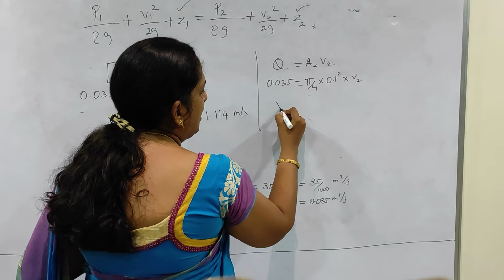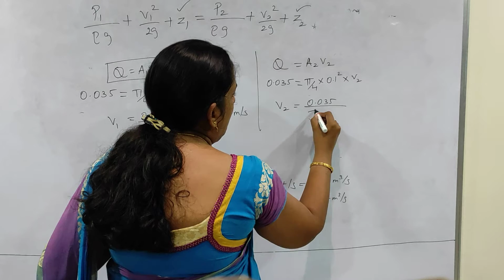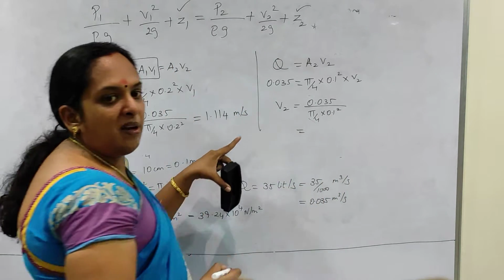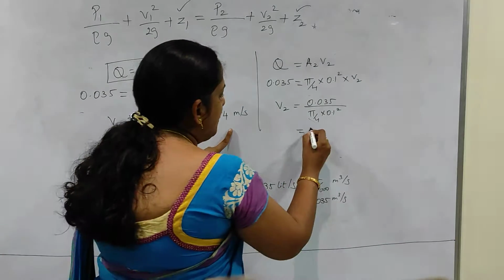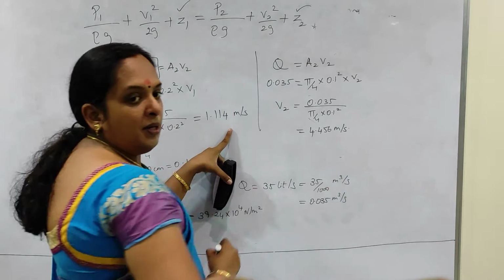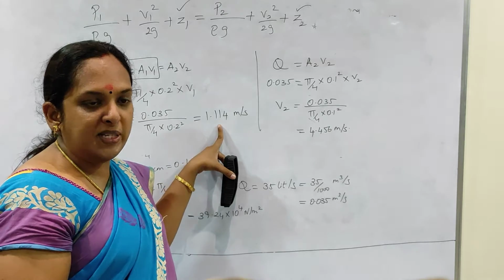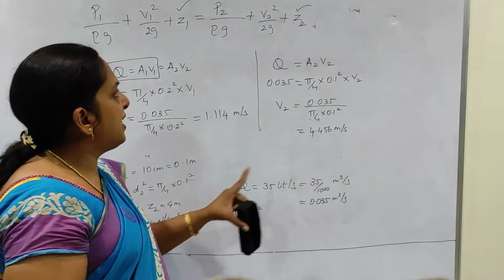So it is 0.035 divided by pi by 4 into 0.1 square. So what is my V2? That is your velocity at section 2, 4.456 meter per second. So I have got the velocity at section 1 as 1.114 meter per second, and velocity at section 2 as 4.456 meter per second.